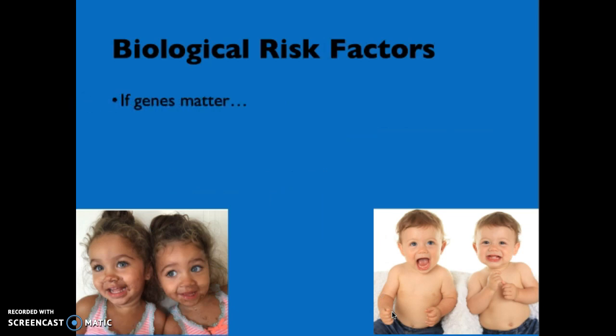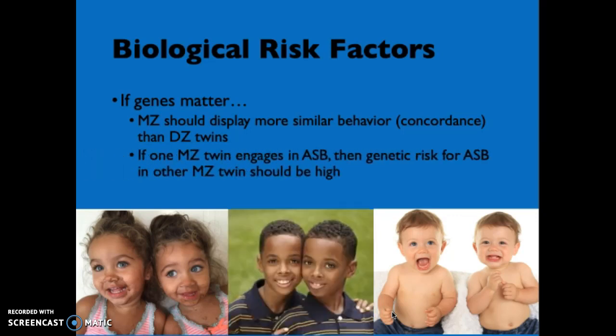If genes matter, monozygotic or identical twins should display more similar behaviors than dizygotic or fraternal twins. They use the word concordance, meaning that they're similar. If one identical twin engages in antisocial behavior, then the genetic risk for similar antisocial behavior in the other twin should be high.